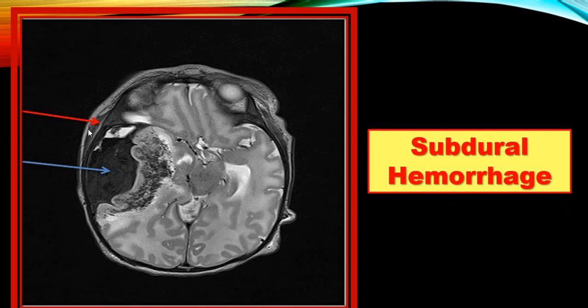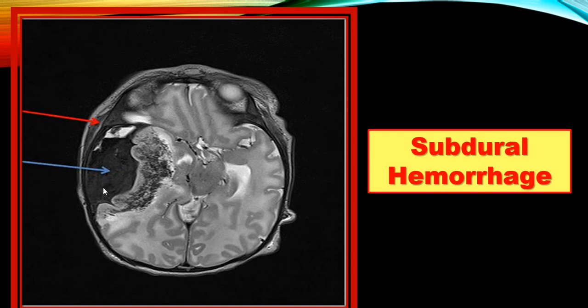And if you ask about the red arrow, it is beneath the scalp and above the periosteum. So this could be a subgaleal hematoma, but it is small in size and localized. The significance here is for the subdural hemorrhage.